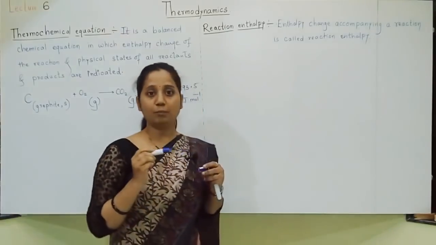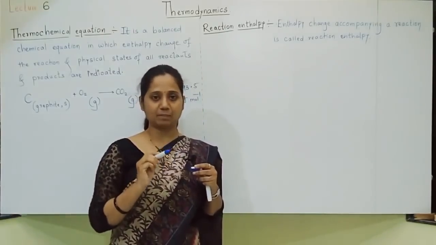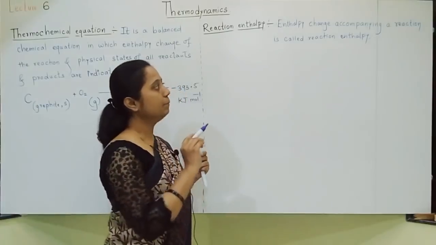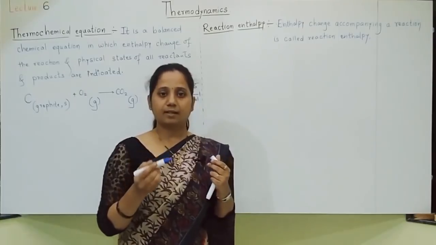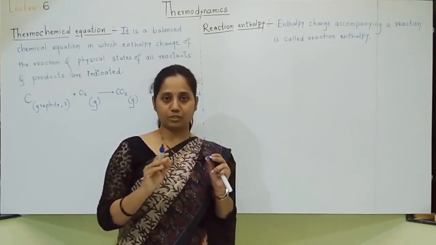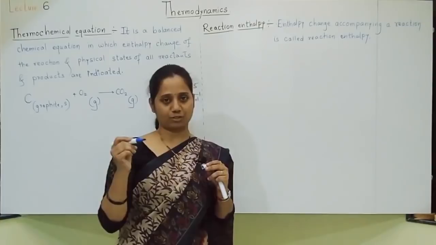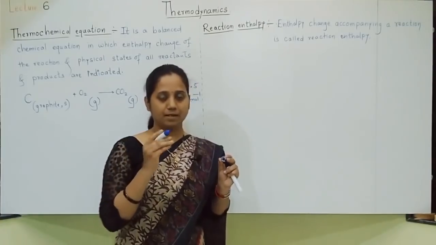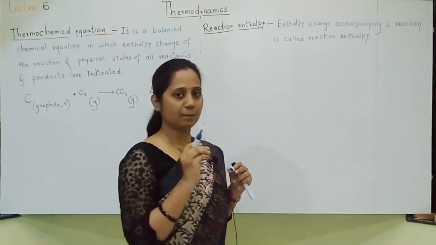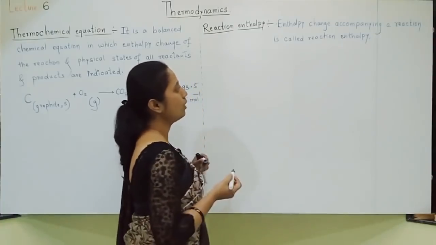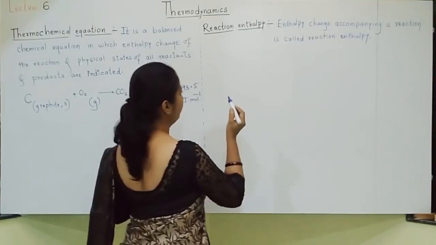Enthalpy change, how much change in enthalpy takes place accompanying a reaction, meaning enthalpy change during a chemical reaction. In simple terms, accompanying a reaction means taking place during a chemical reaction, and it is called reaction enthalpy.